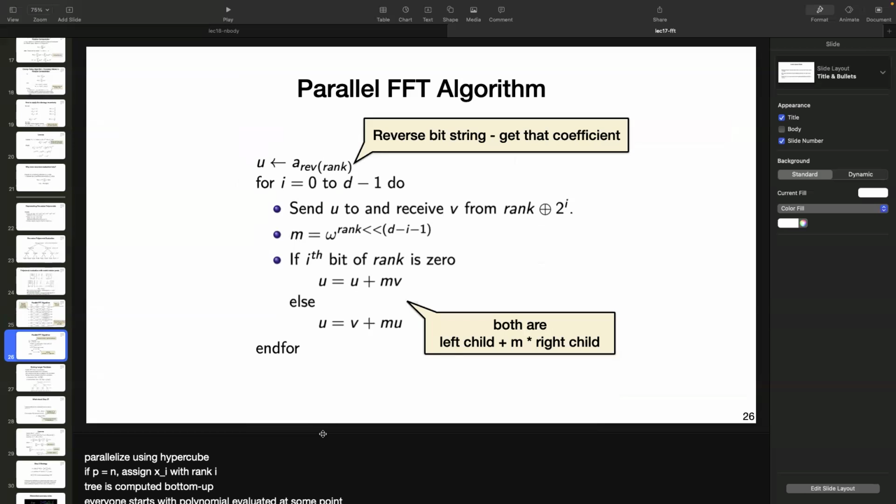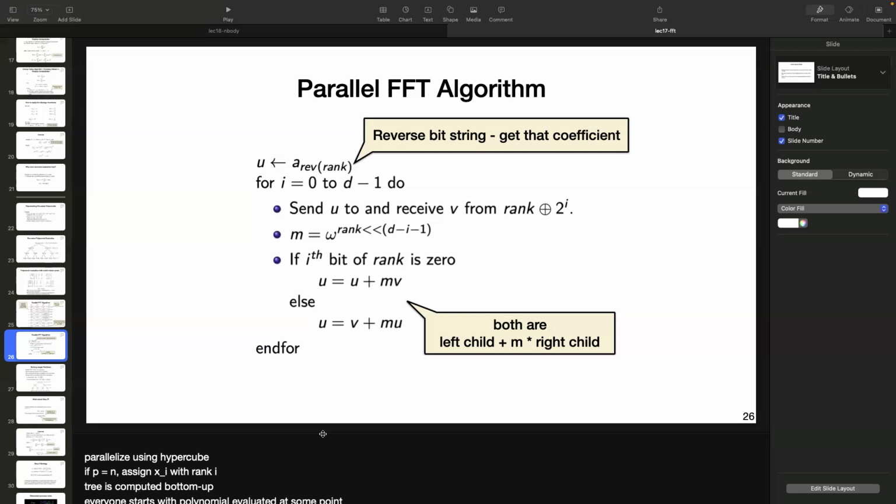The number of levels that we have is b, which is log n. And u is, if you reverse the rank, so you have a rank, which is a bit string, and you reverse this bit string to get which coefficient you're computing. What u tells you is who your rank is, and your rank tells you whether you're going to send or receive.